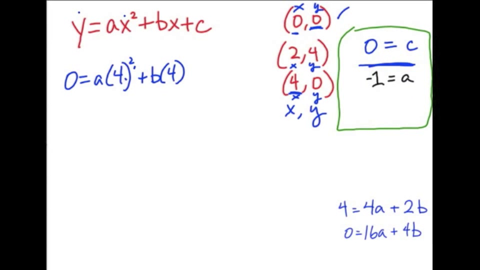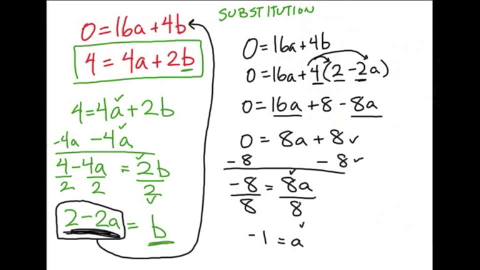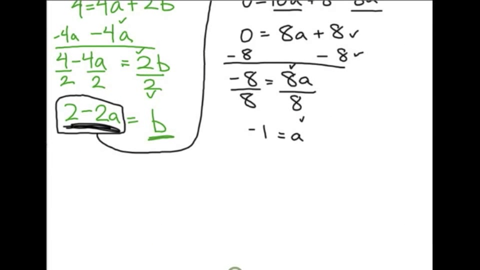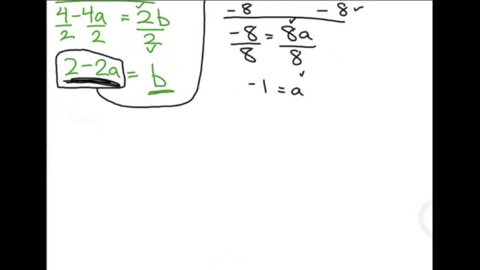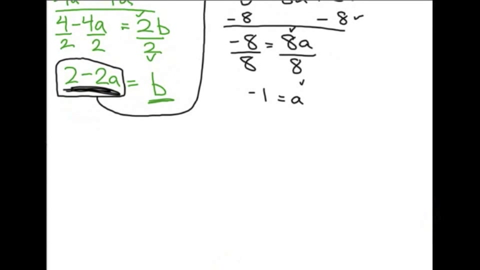And finally we have to figure out what b equals. So I'm going to take negative 1, which I got, and I'm going to substitute it back in for a.